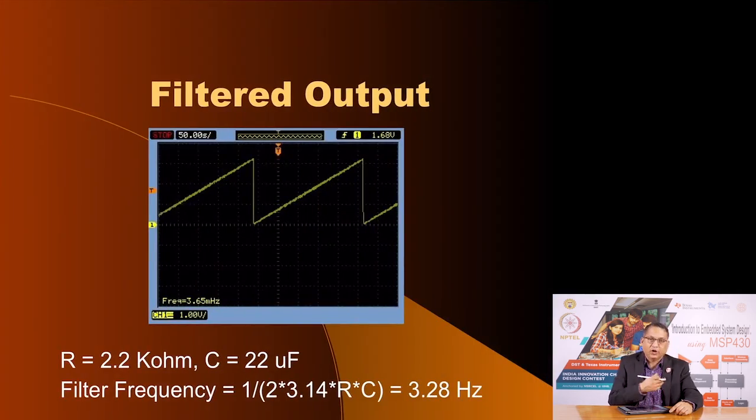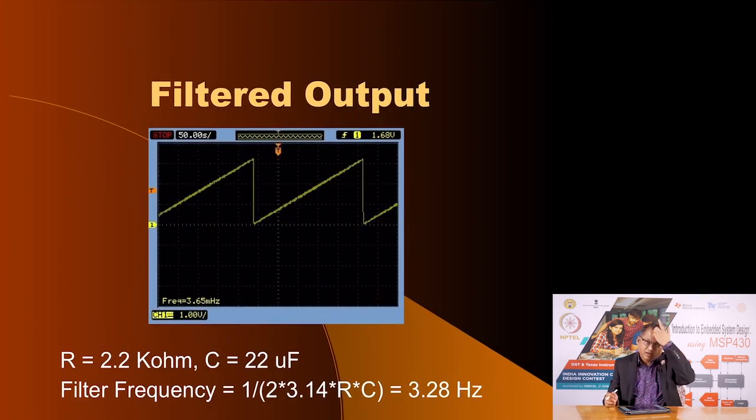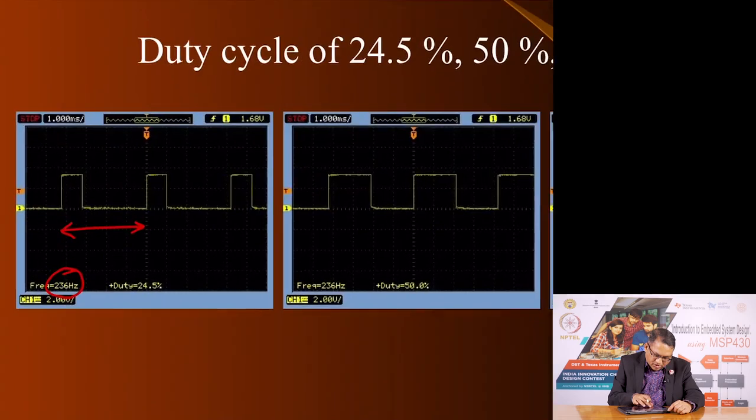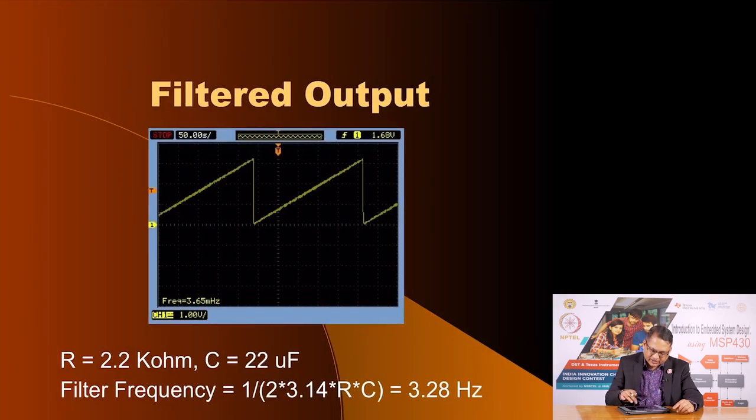Now, you see, because the 16 megahertz frequency was used, divided by 65,536 will give you a basic PWM frequency of just 236 hertz, and if you are going to change the duty cycle all the way from 1 to 65,536, 236 hertz divided by 65,536 will give you a very small frequency, and that is what you can see here.